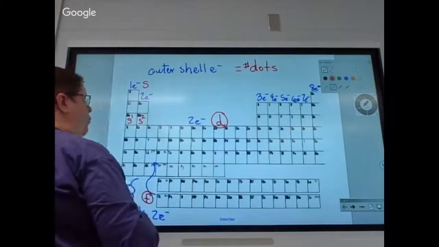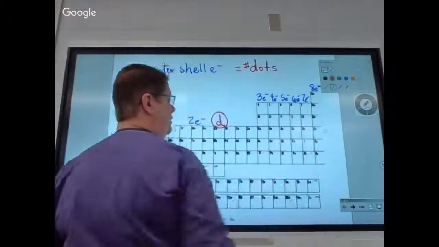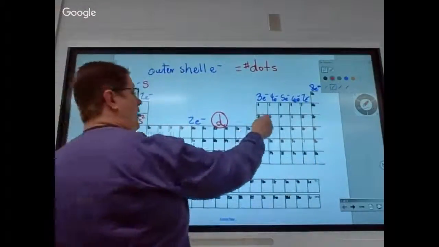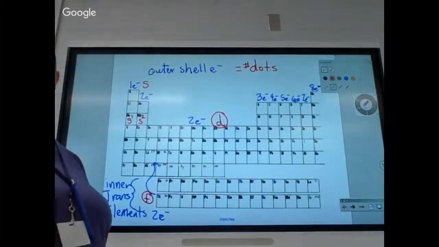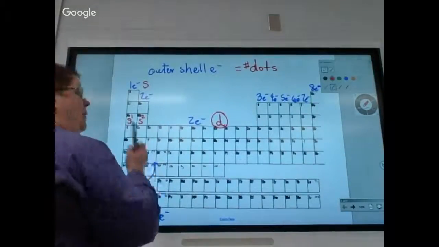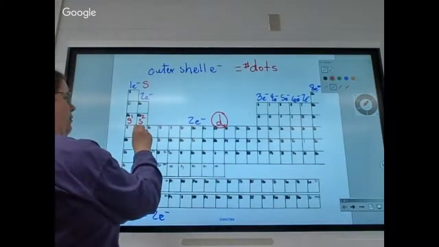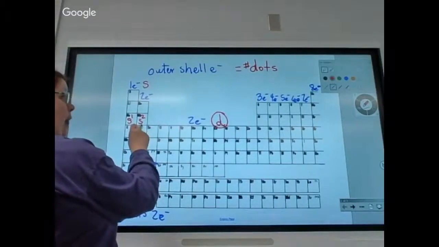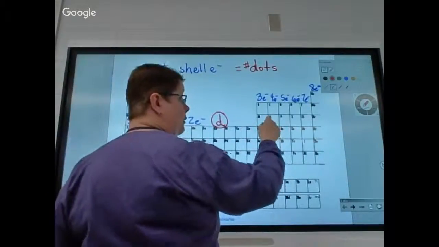All right. So what happens if you wind up over here with your dot diagrams? You have 3 electrons. How many dots? 3. How are they going to look? You started with 2 that are paired, an S2, and then you have a single.